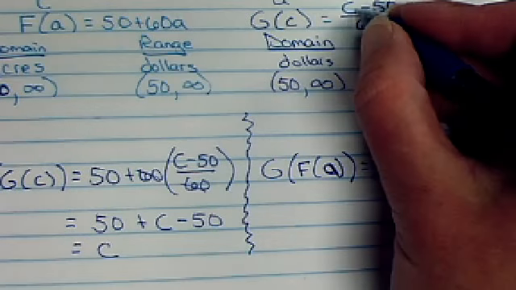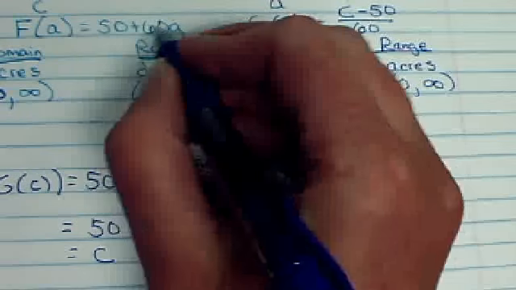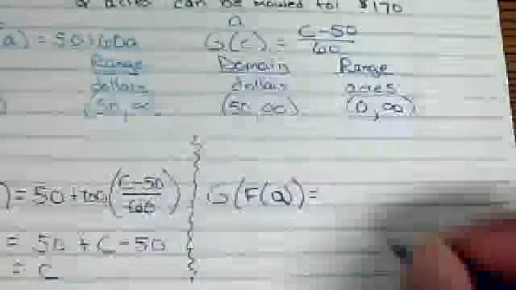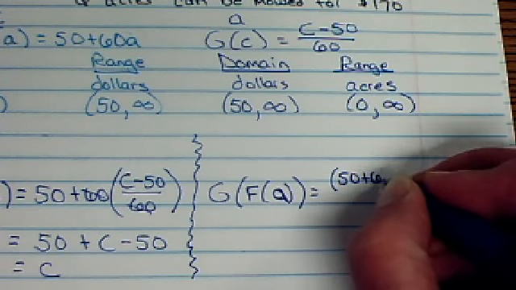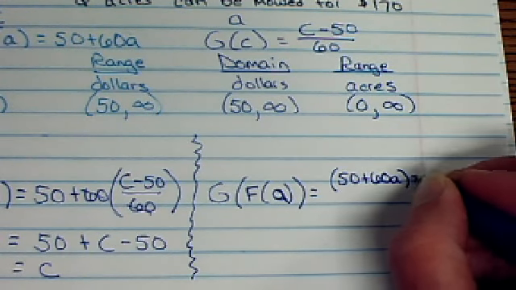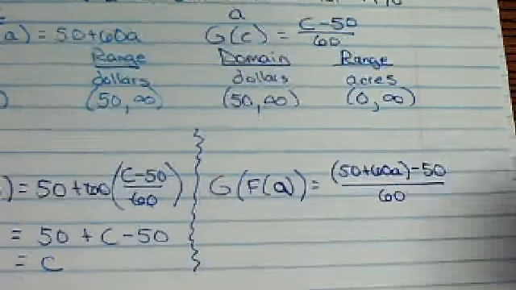So this rule says I'm going to take my input minus 50 divided by 60. So I'm going to take this rule and plug it right there: 50 plus 60A minus 50, divided by 60.